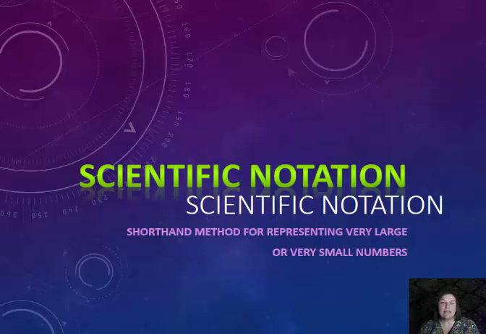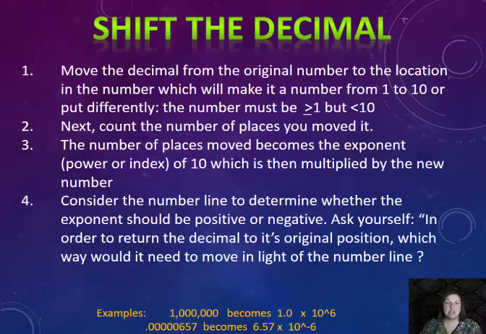So what is scientific notation? Scientific notation is just a shorthand method for representing very large or very small numbers. That's essentially the definition. Let's talk about how we would represent a very large or a very small number.